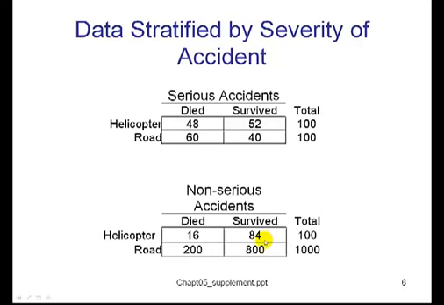If you read through example 5.6 on page 129, you'll see that when you look at the accidents separately by the lurking variable, you'll have for helicopter 48 of 100, 48%, versus 60 of 100, showing here that the helicopter evacuation cut down on deaths, right?